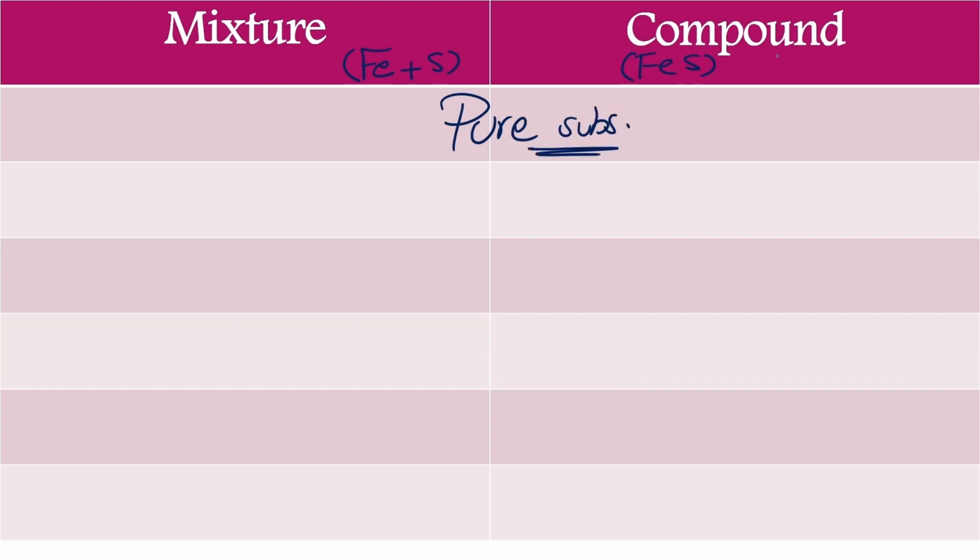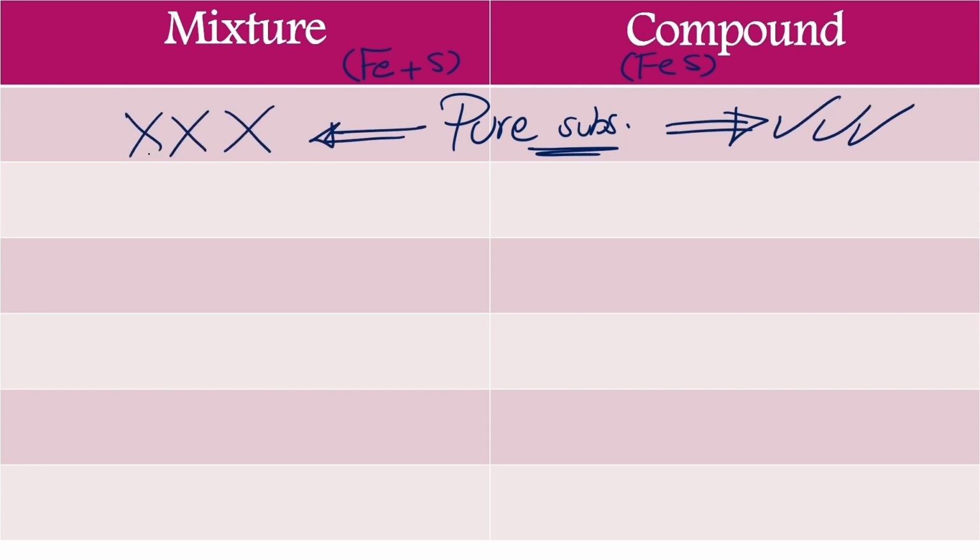Regarding the compound, is it a pure substance? Yes, it is a pure substance. The mixture is not a pure substance because the mixture, as we know, contains what? It contains two or more substances. On the other hand, the compound is a single substance.